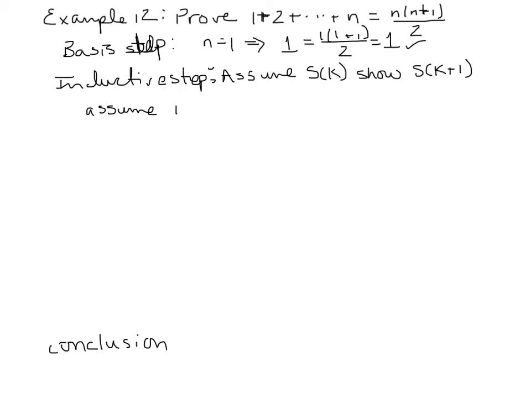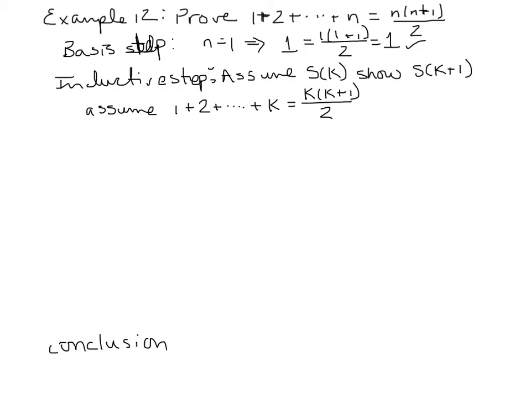So we're going to assume that 1 plus 2 plus, etc., adding up all the way until we hit k, is going to equal k times k plus 1 all over 2. And what we want to do is show that this works if we ended at k plus 1 instead of k. Now we're going to use this step we just did.